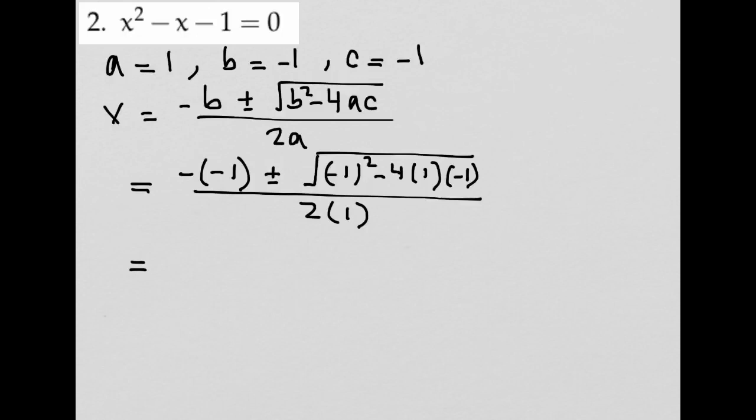That's equal to minus negative 1, which is 1, plus or minus the square root of minus 1 squared, which is 1, minus 4 times 1 times minus 1, which is 4. 4 plus 1 is 5, so we have the square root of 5, all divided by 2. And these are the solutions to our quadratic equation.